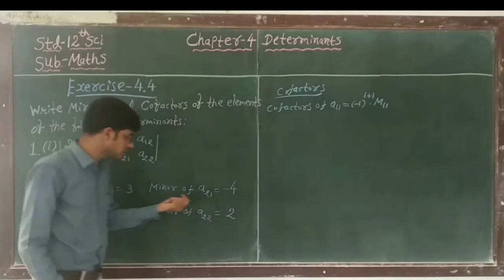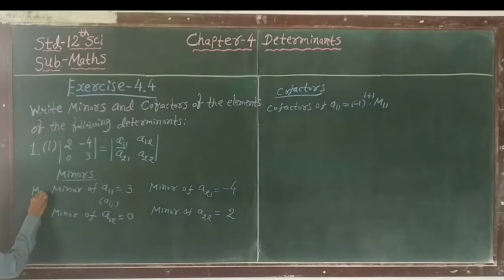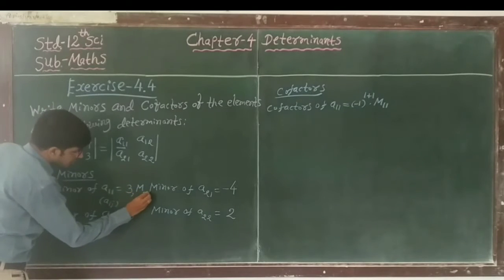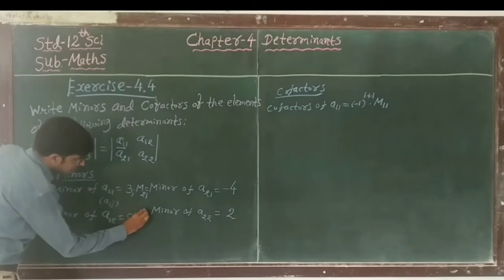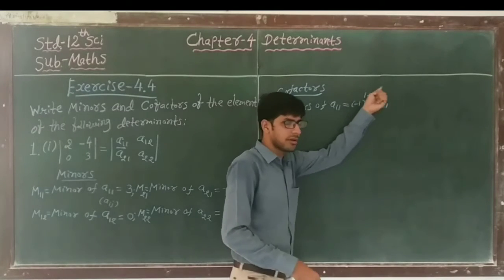The minor of A11 gives M11, then M12, M21 and M22. Is it clear? So we have to multiply with minus 1 raised to i plus j.